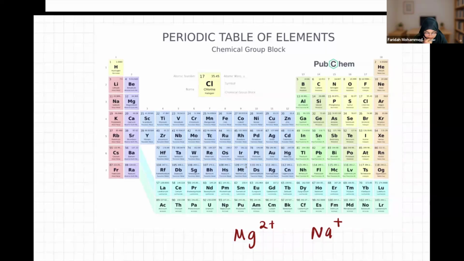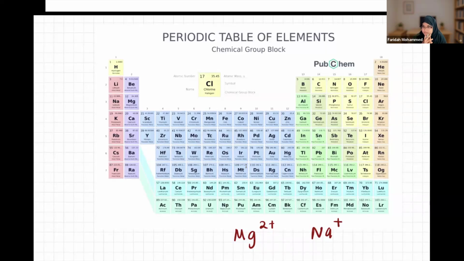Good job. Okay, so how does a perfect answer look? First, you need to be able to recognize that both of them have the same electronic configuration. You don't have to say that, you can say that both of them have the same number of electrons. When two elements or two ions have the same number of electrons, what do we call them?